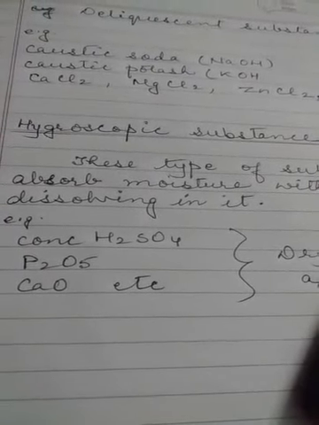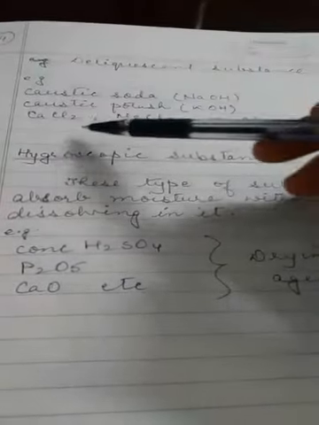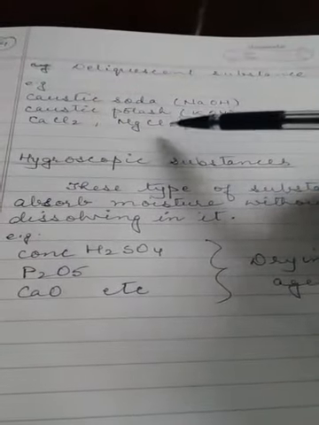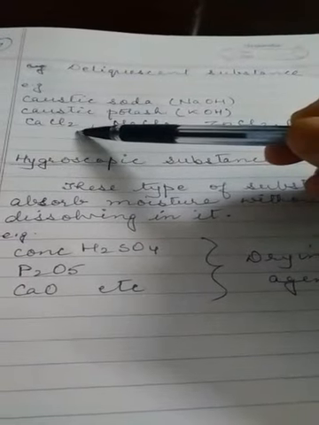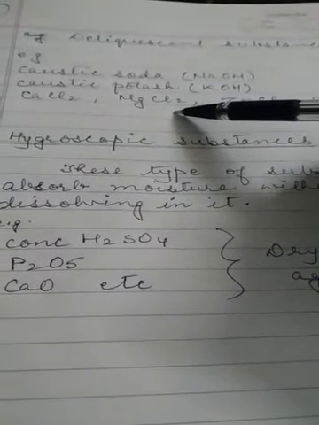Sodium hydroxide and caustic potash, these two substances, are deliquescent. When exposed to air, they absorb water and dissolve in it. Then calcium chloride and magnesium chloride. Magnesium chloride is present in our drinking water, and sometimes sodium chloride, our table salt, contains magnesium chloride as an impurity, and that type of table salt becomes watery when exposed to air.